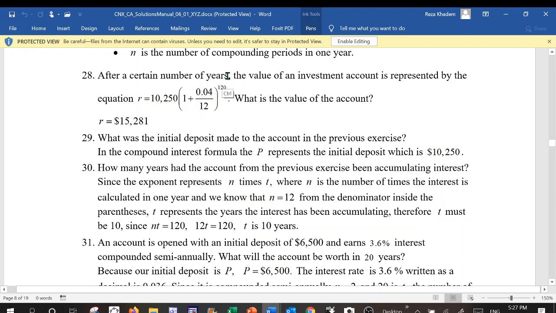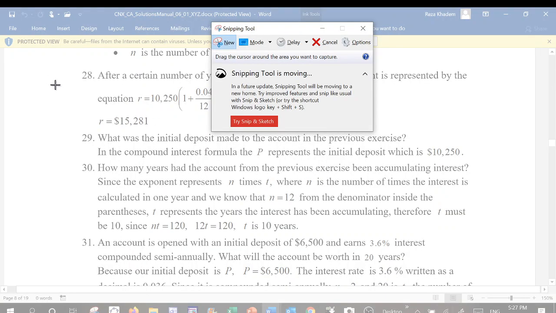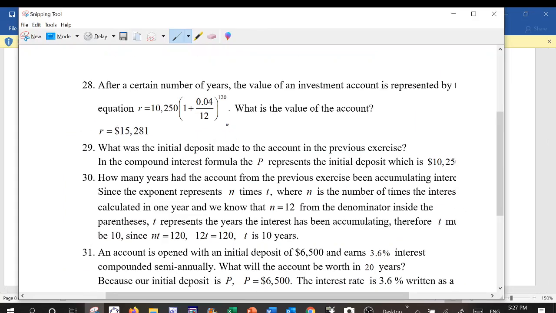Well, remember in the formula, we know this number right here is actually nt. Now we know n is 12, so that means 12 times the number of years has to be 120, so t has to be 10 years, right?